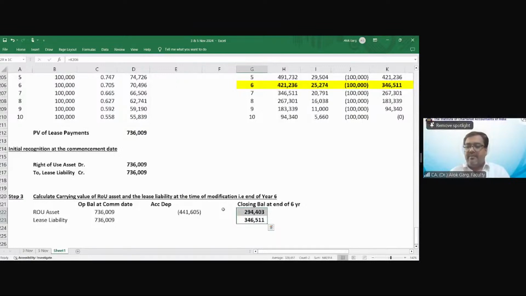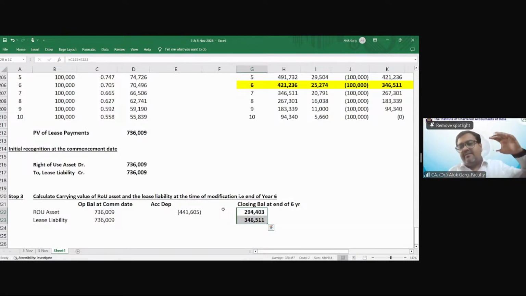Correct? Is it clear? Both numbers were the same at the commencement date, but after 6 years the carrying values are not the same. Why not the same? The charge we are creating on these two is not equal. Depreciation is on a straight line basis, but interest on lease liability is computed on a compounding basis.